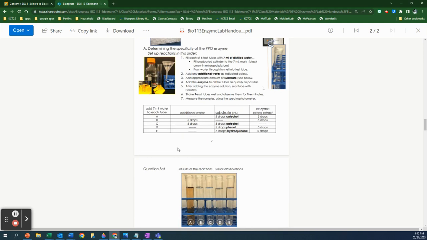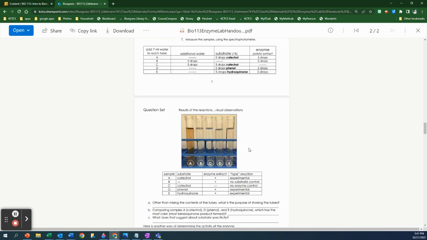The experiments you're doing are here. The first one, you're checking for specificity by comparing the activity of the enzyme with the actual substrate that it likes and a couple of other substrates, and then we're going to compare the results.